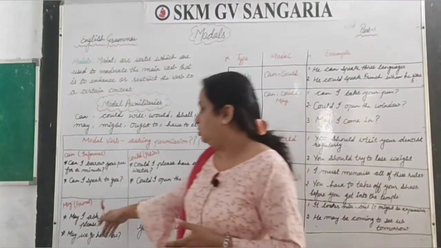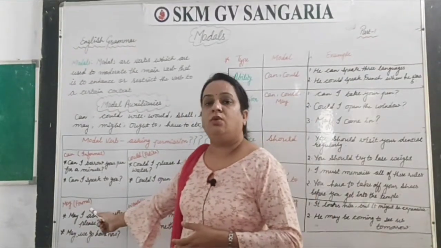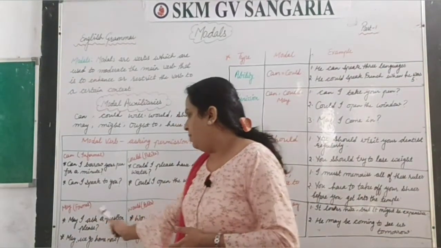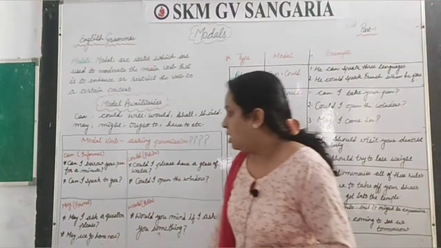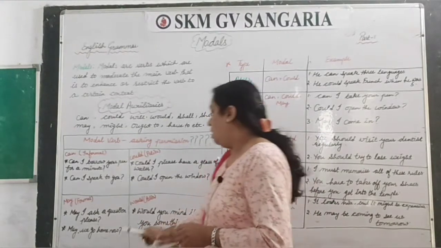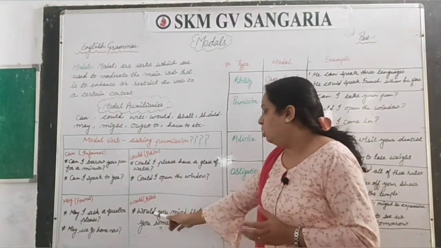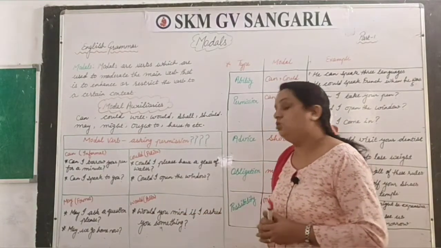If you want to use may for permission, that is for formal use. You can say, may I ask you a question please? May we go home now? Right? So here you have to use may. But if you want to make it a little bit polite, you can say, would you mind if I asked you something?